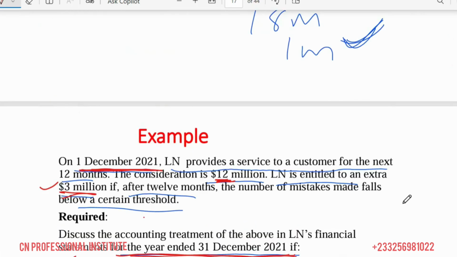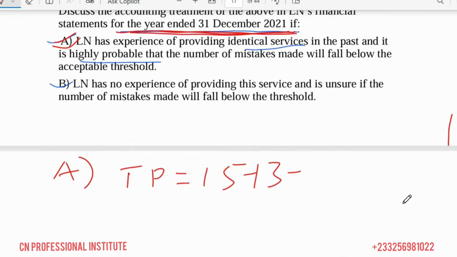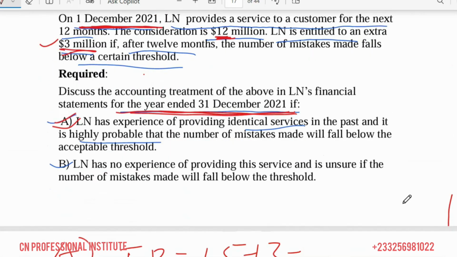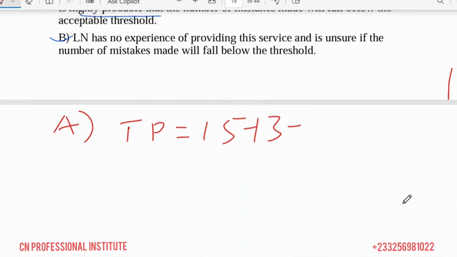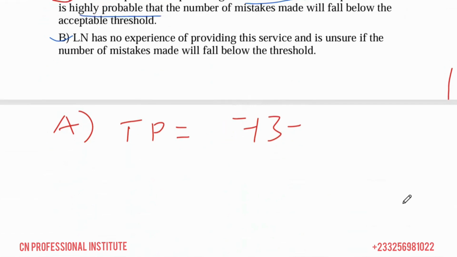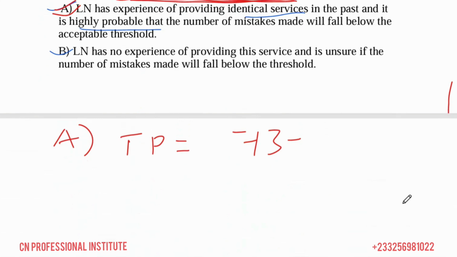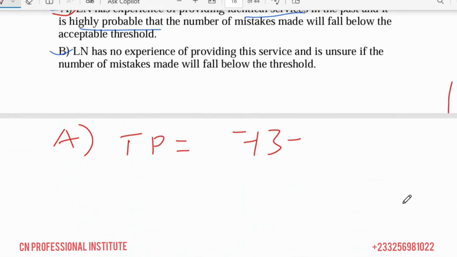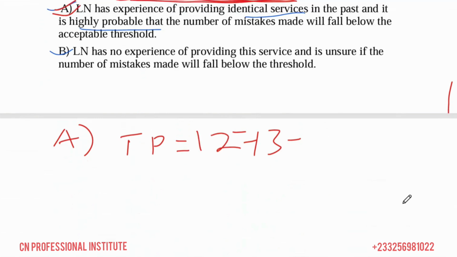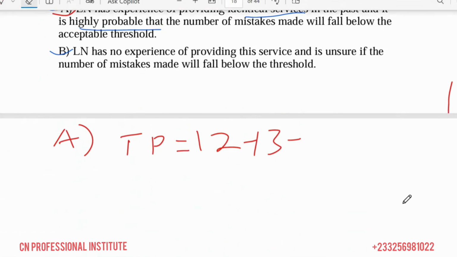Oh, no, let me check the question. Sorry, it's not 15, it's 12 million. So the fixed consideration is 12 million. So we have to record a fixed consideration of 12 million, plus the 3 million variable consideration.